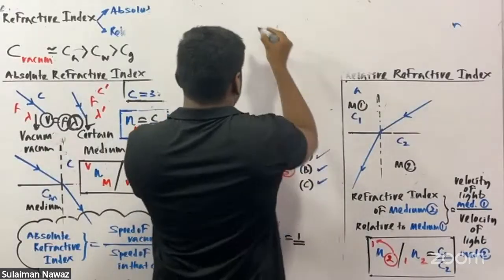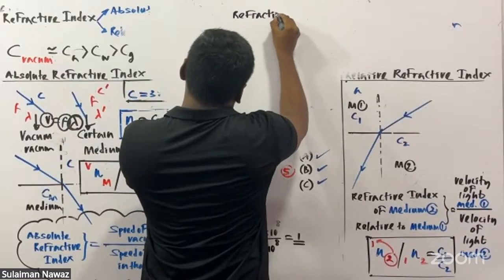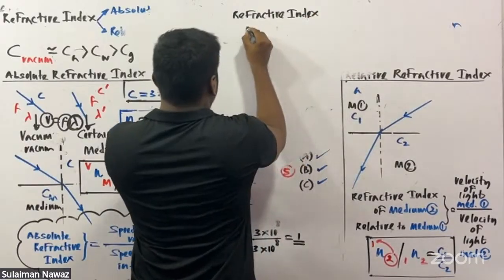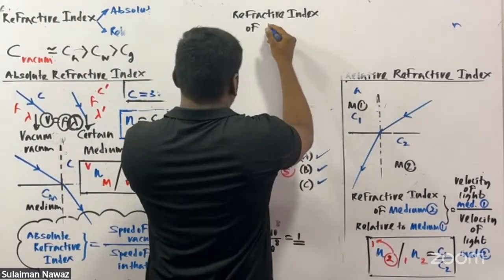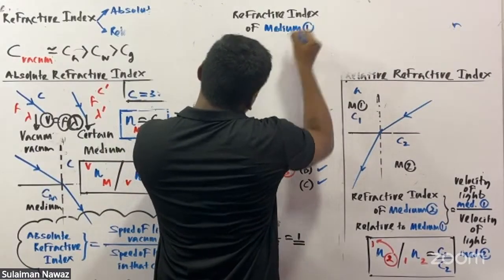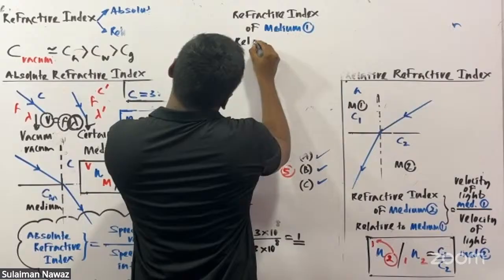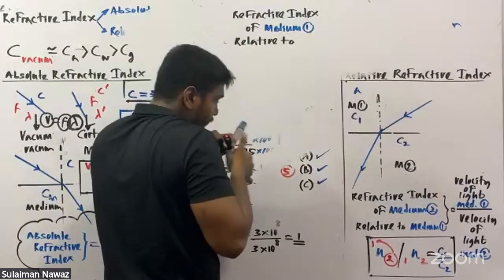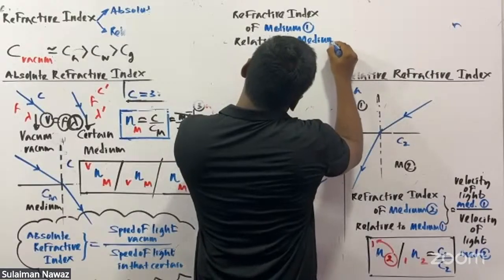So if I want to find the refractive index of medium 1 relative to medium 2, then you can write down, see, refractive index of medium 1 relative to medium 2.